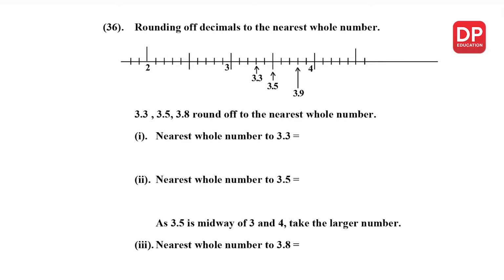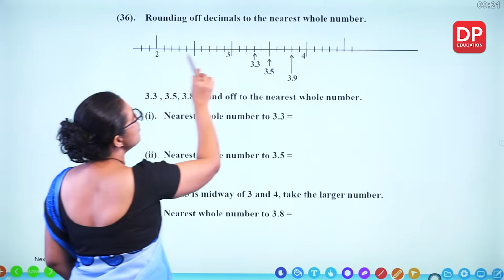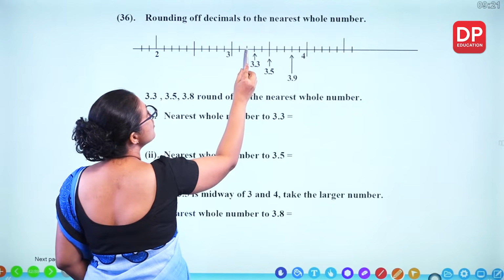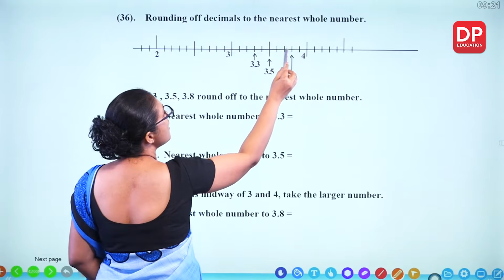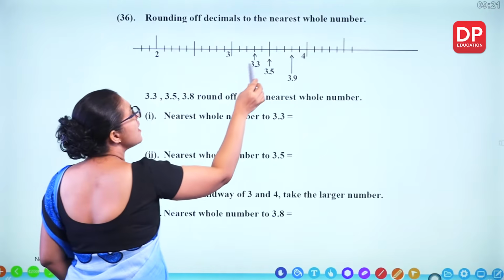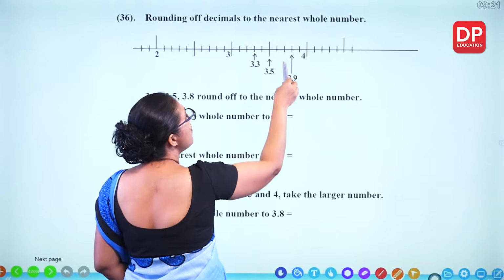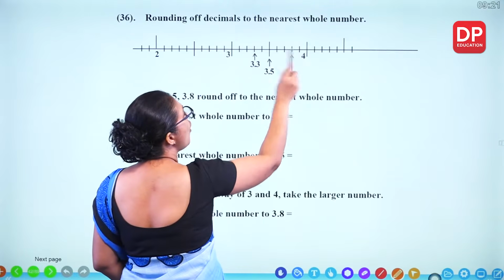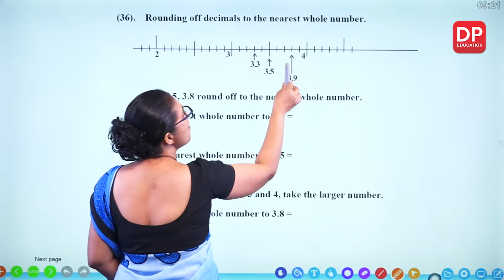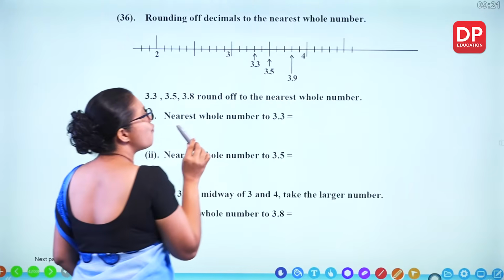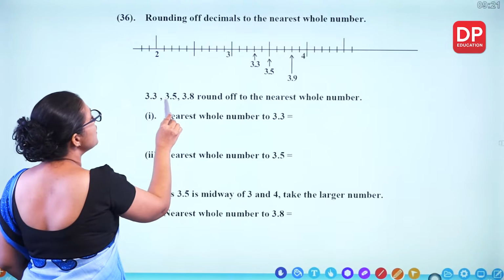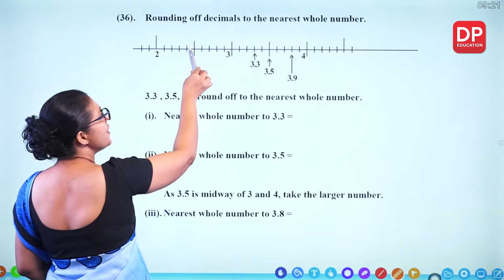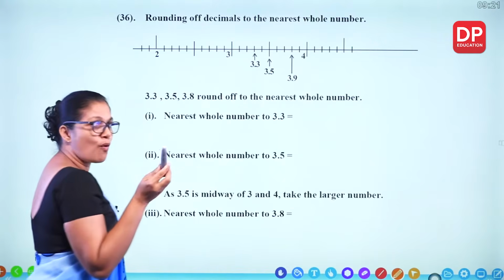Rounding off decimals to the nearest whole number. Now look at the number line. This is 3. 3.1, 2, 3, 4, 5. So likewise, when there's a number 3.9, is it close to 3.5 or 4? This number is close to 4. 3.3, this number is close to 3, not to 4.